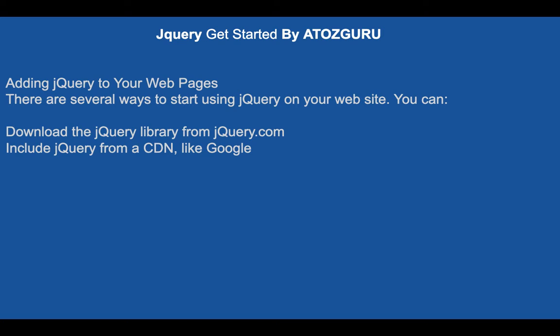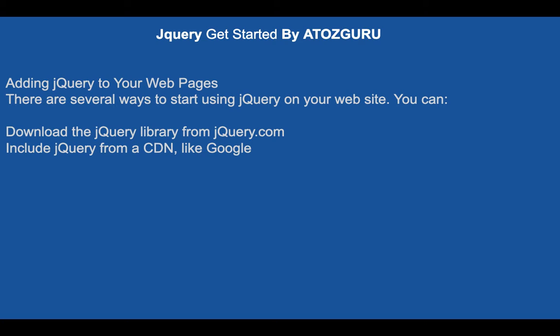There is the jQuery website. From there you will download it and include it in your page. If you know JavaScript already, you know how you include external JavaScript in your website.